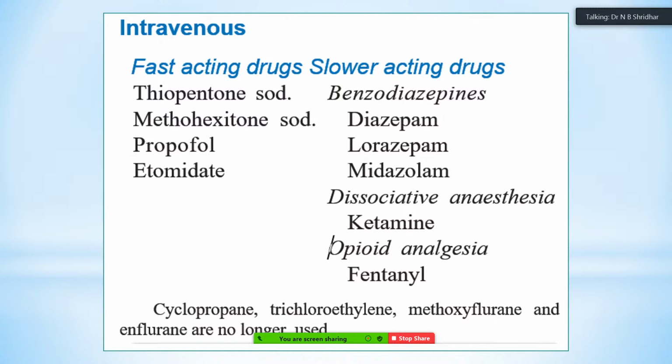The dissociative anesthetic is ketamine, and opioid anesthesia includes fentanyl and droperidol. Cyclopropane, trichloroethylene, methoxyflurane and enflurane are no longer used because of their various properties, including toxicity and the inflammable nature of these drugs. Whereas the commonly used agents are thiopentone and propofol. Nowadays propofol is very commonly used.